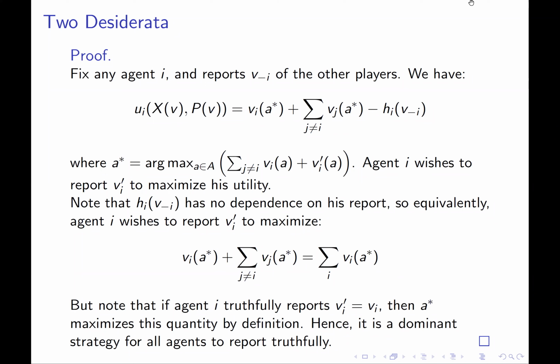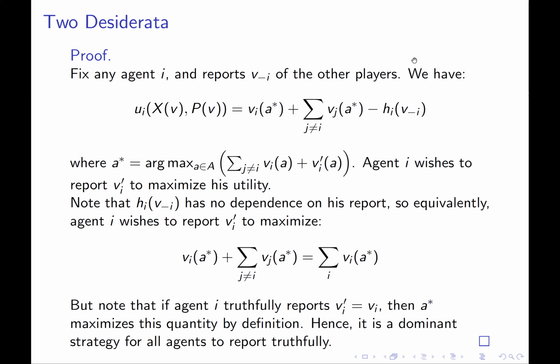So there's a question: doesn't this require person I knowing what the other people will select? It does not, right? Person I doesn't care whether the other people have reported truthfully or not. No matter what valuation functions the other people have reported, the mechanism is going to try to maximize the sum of everyone's reported valuation functions.